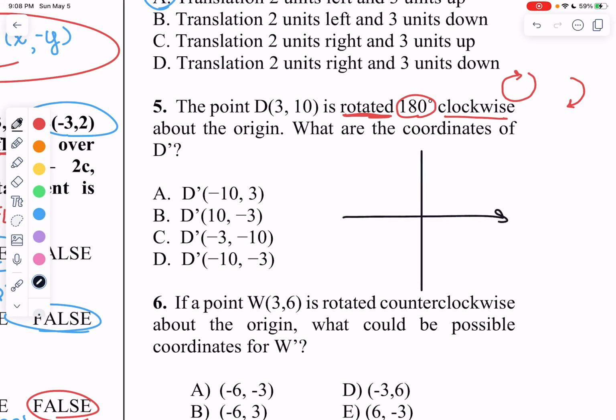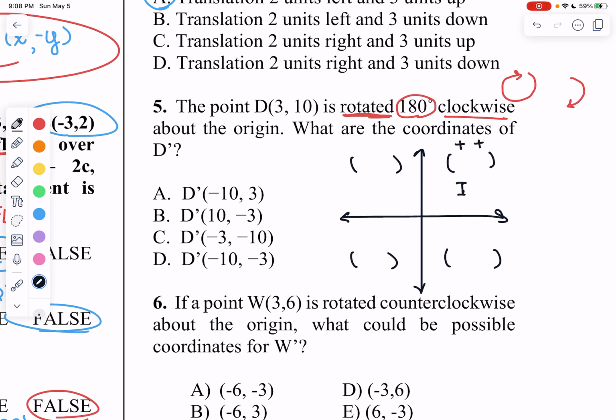Rotations we don't spend too much time on because it's not too much of our test and they're a little complicated to think about. But when we did talk about them, we talked about how the 4 quadrants have 4 different rules to them. In my first quadrant, which is right up here, my x and y are both positive.